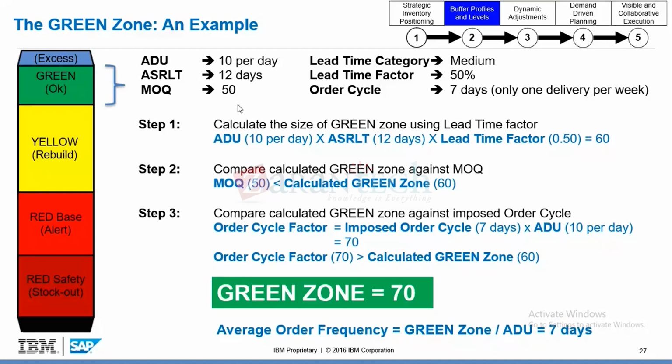Our green zone will be 70. And the order frequency, that is green zone divided by ADU, comes to 7 days. So that is how between these three we calculate the green zone size.